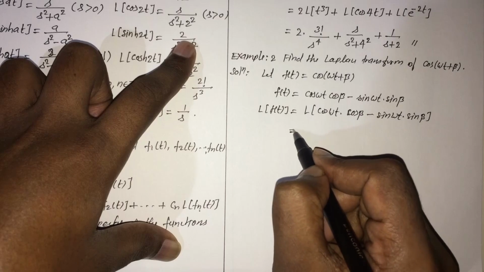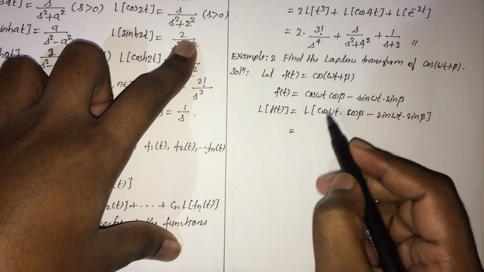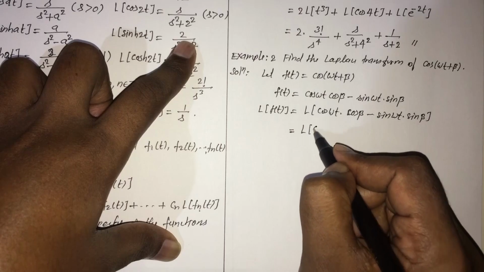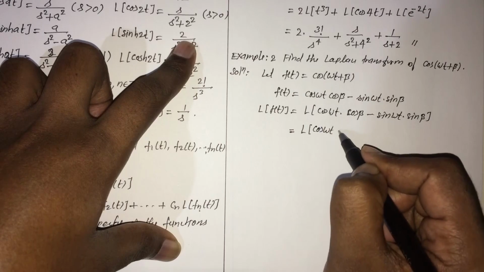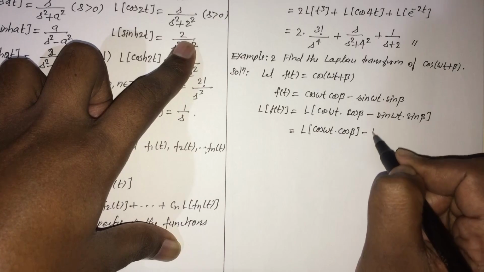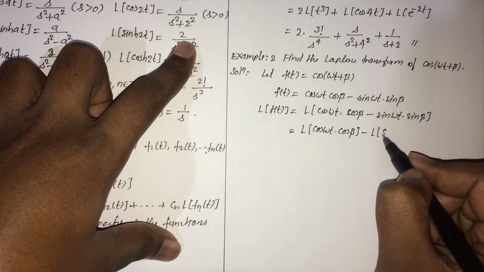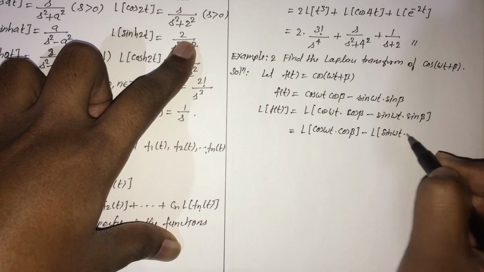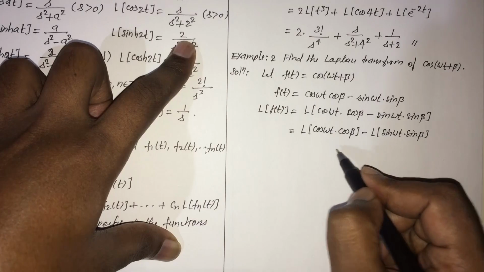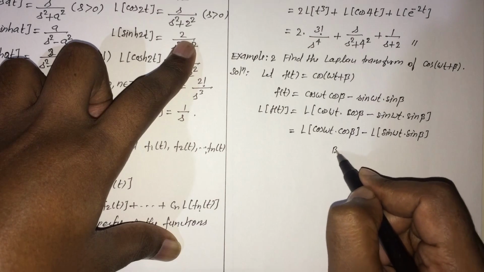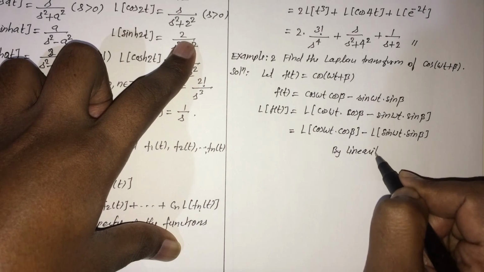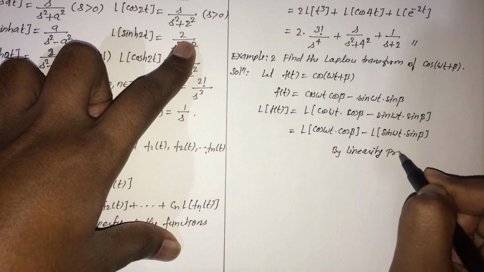Now again apply the linearity property. So applying linearity property, L of cos omega t into cos beta minus Laplace transform of sin omega t into sin beta. Why is this so? Because of linearity property.